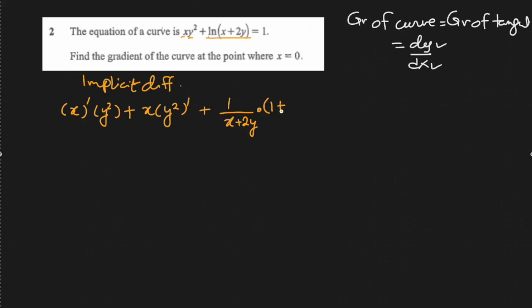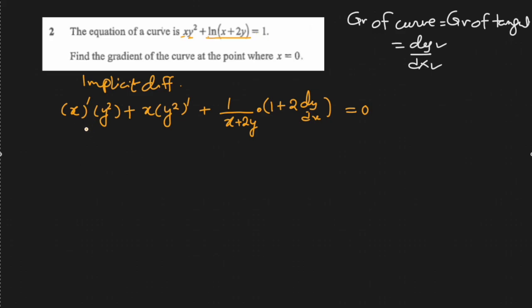Differentiation of 2y will be 2, because the differentiation of y is 1, just like the differentiation of x is 1, but because we have 2, we'll write 2. But since we have differentiated y here, we will write dy over dx. So this part is also differentiated. Now differentiation of 1 is 0 because 1 is a constant.